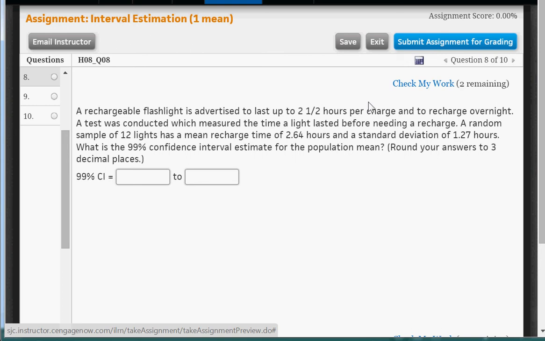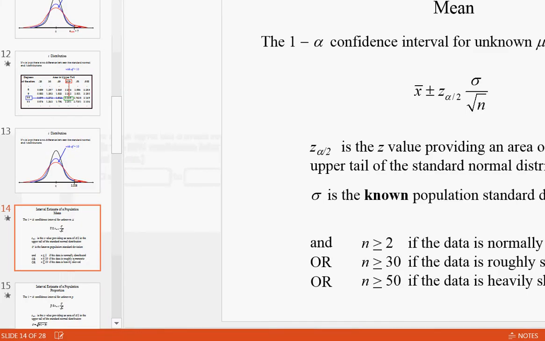All the mean confidence interval problems in the Cengage Now homework involve sigma unknown. So what do you do if you don't know what sigma is? How do you calculate sigma divided by square root of n? Can you calculate it? No. So what do you do?